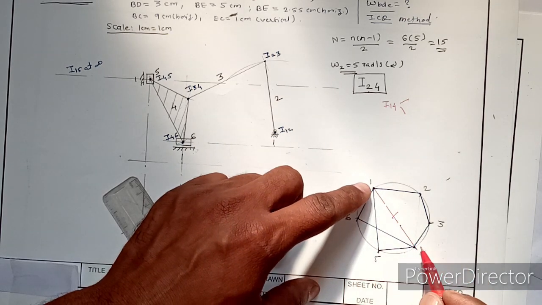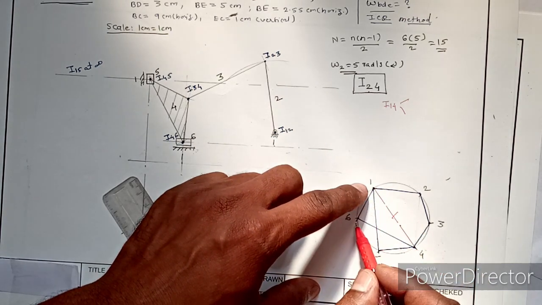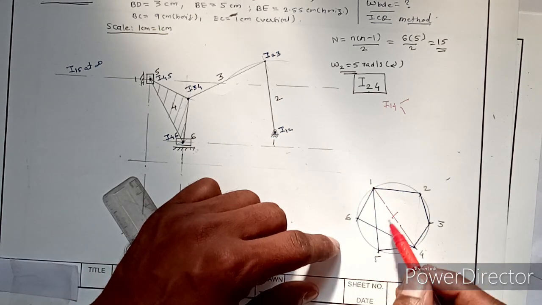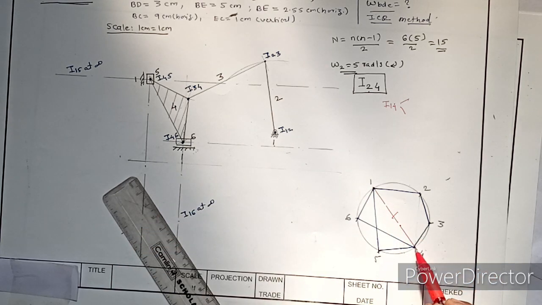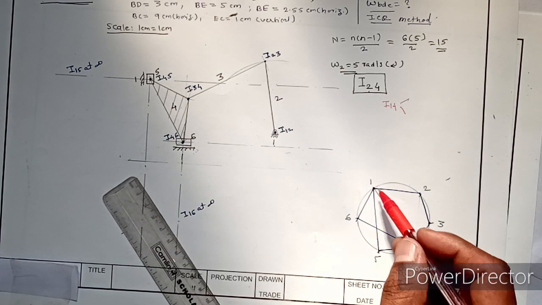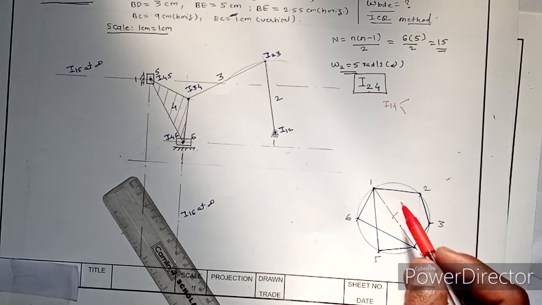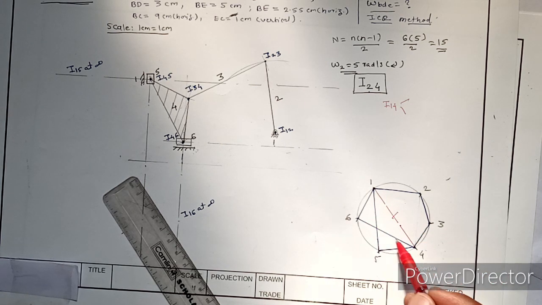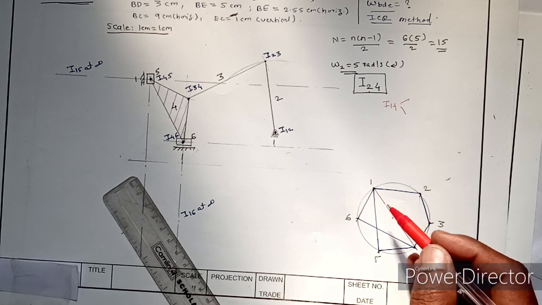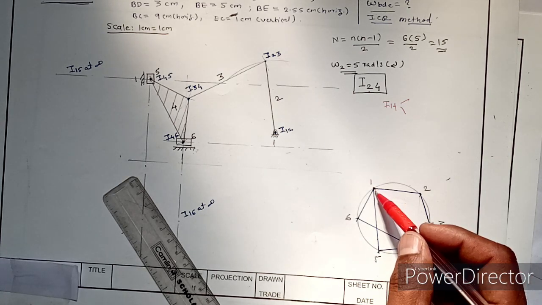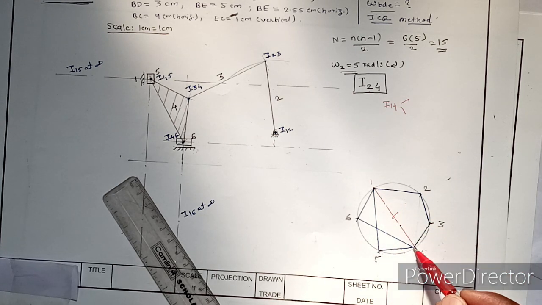I14 is the common side of two triangles. The first triangle is 1 6 4 and the second triangle is 1 5 4. So I14 according to Kennedy's theorem will lie on the line joining these two ICs 1 6 and 4 6, as well as on the line joining 1 5 and 4 5.